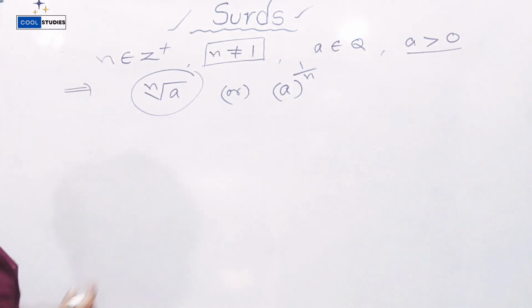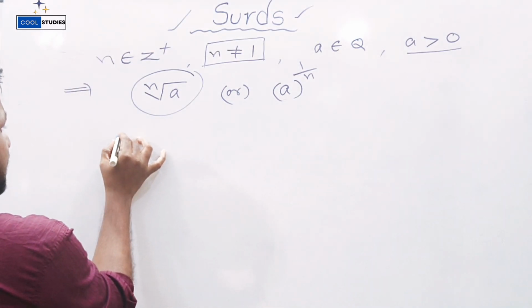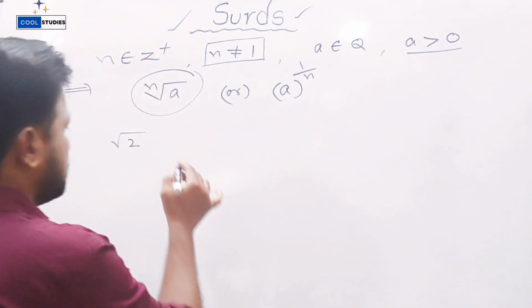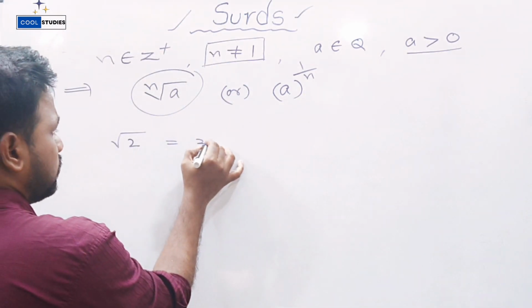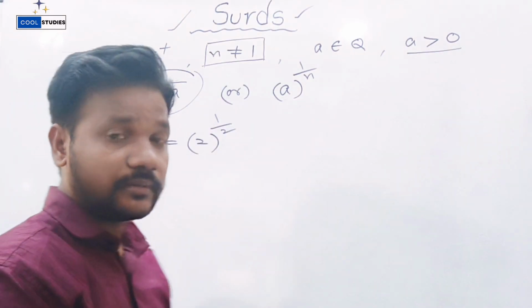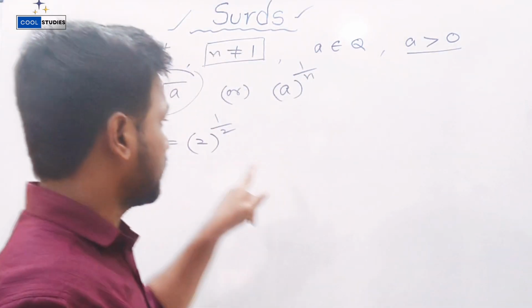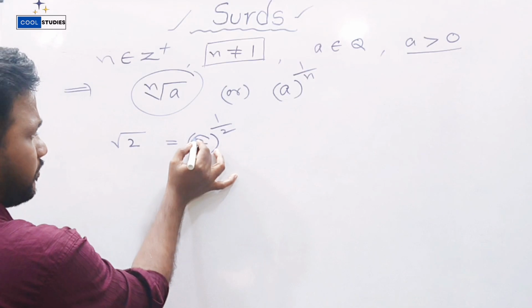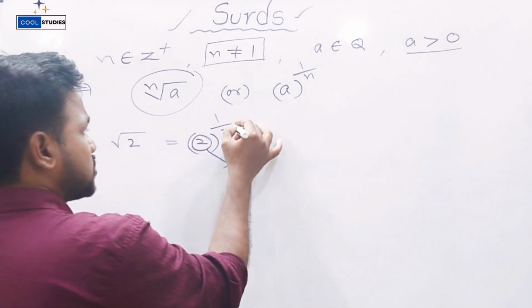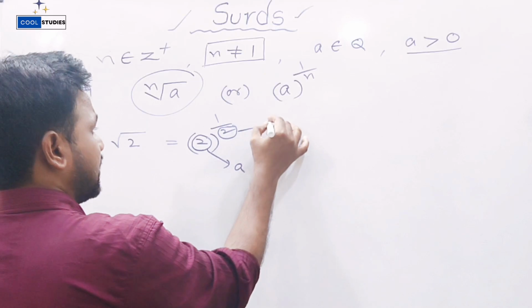Let us take an example. Let us write root 2. So root 2 means 2 to the power 1 by 2, right? Here 2 is a, and this 2 is n.